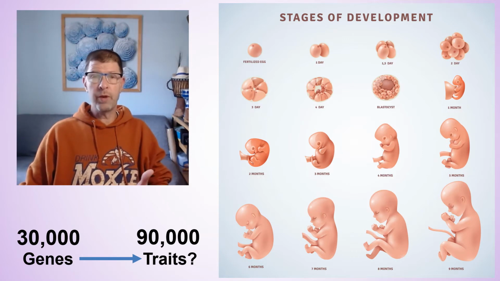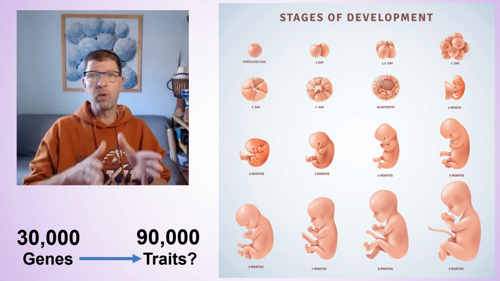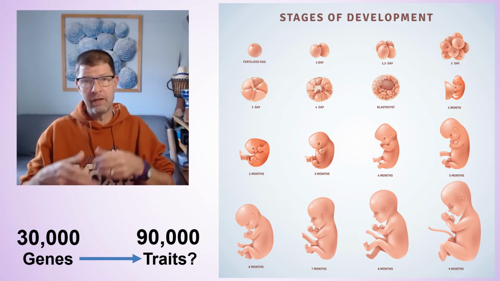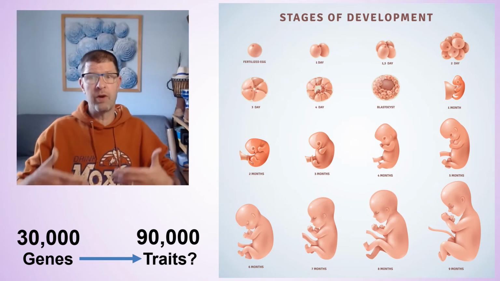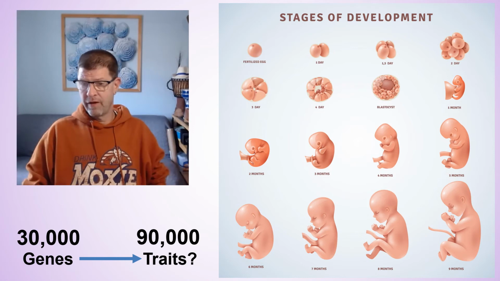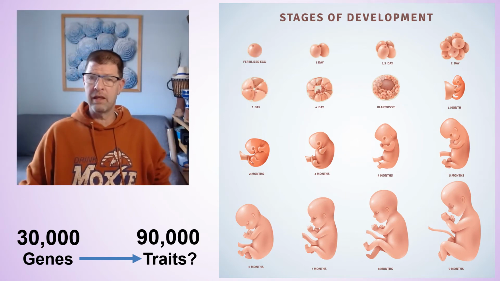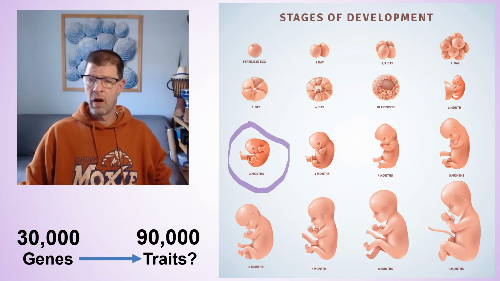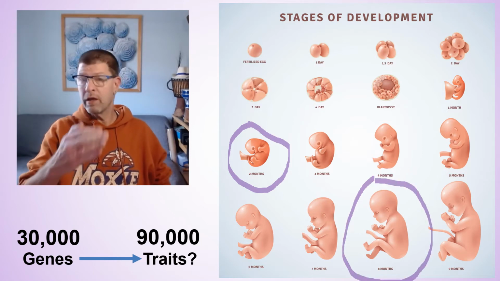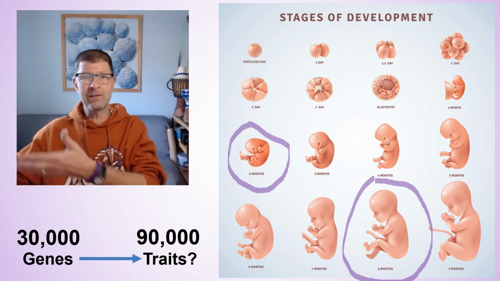And this is showing that it's not just about where the cells are in the body, but when they are in the body in terms of what genes are getting expressed, what proteins are being made. Here we have a picture of the development of a fetus over 9 months, and clearly the genes that are being expressed at 2 months are not the same genes that are being expressed at 8 months, and we could take this on into childhood, adolescence, adulthood.